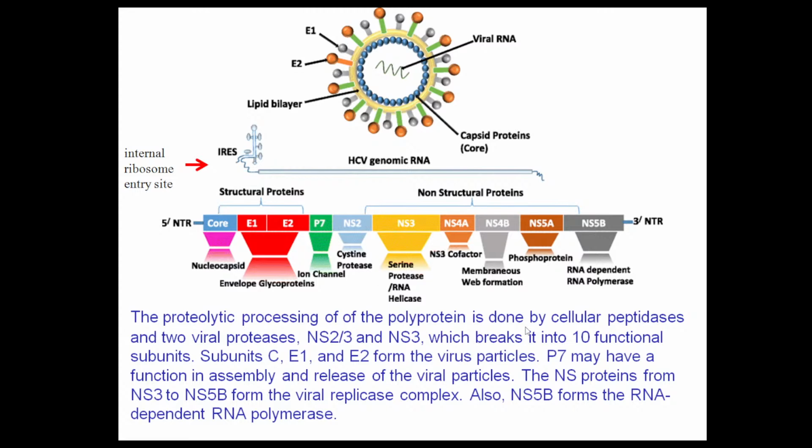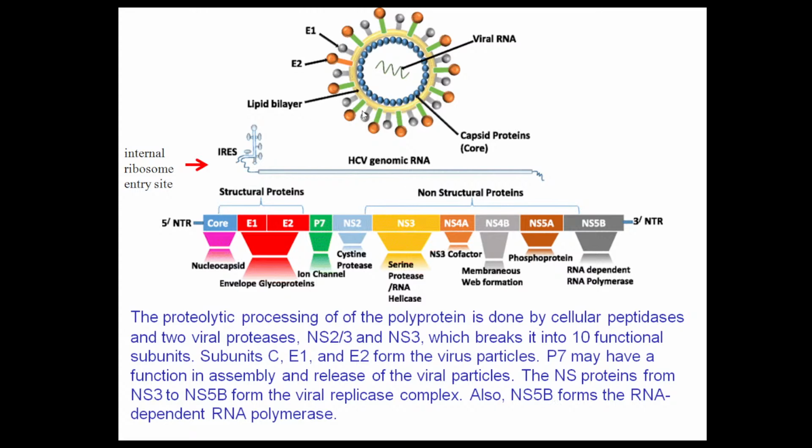And the cellular peptidases and 2 viral proteases process the polyprotein and break it down into active proteins. Subunits C, E1, and E2 form the virus particles. C stands for core. P7 may have a function in assembly.